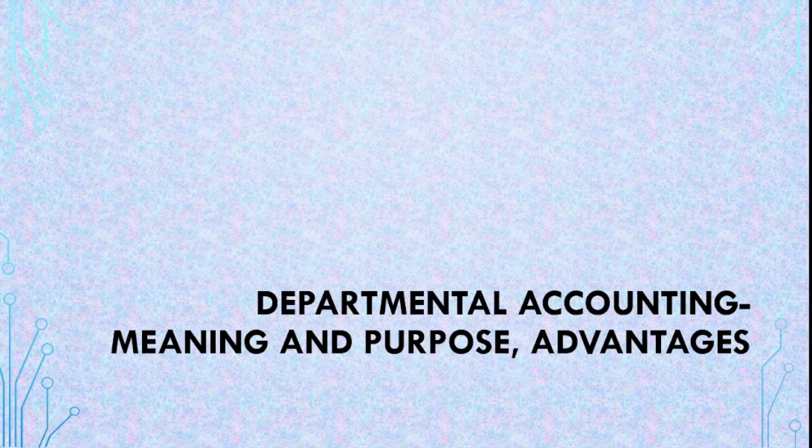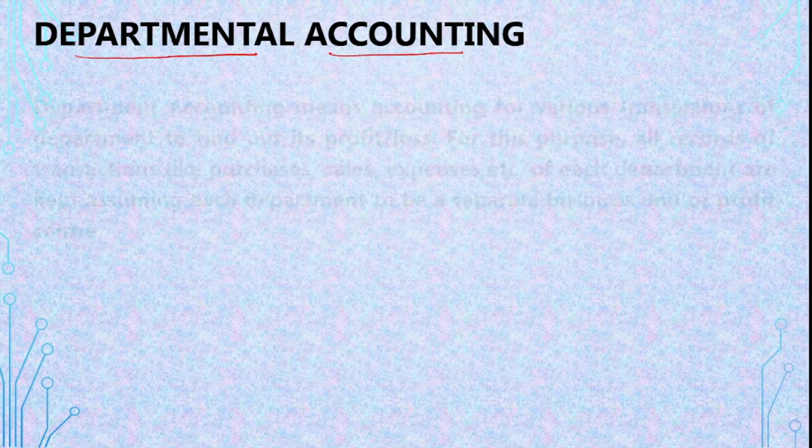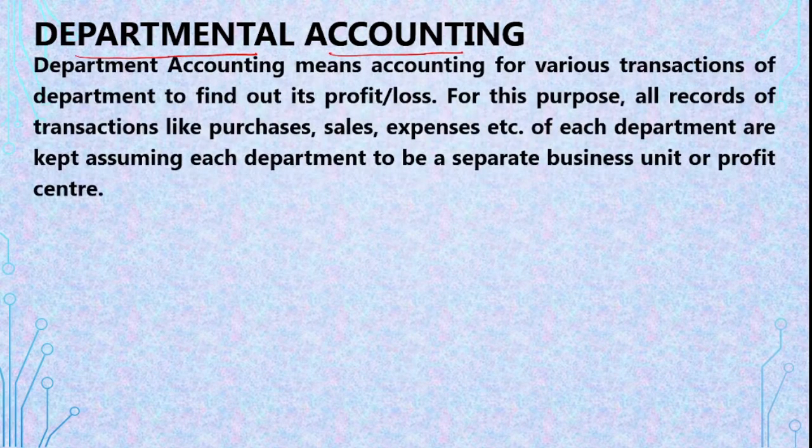Now, departmental accounting: why is it done and what are the advantages that it offers? Departmental accounting, as the name tells you, is the accounting for the transactions of the departments to find out their operating efficiency. It means accounting for various transactions of departments to find out their profit or loss.